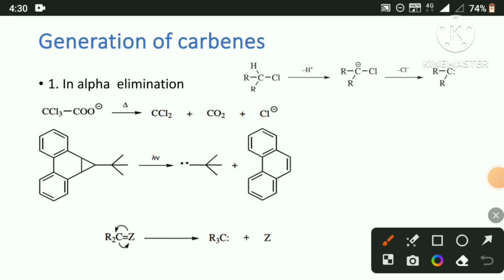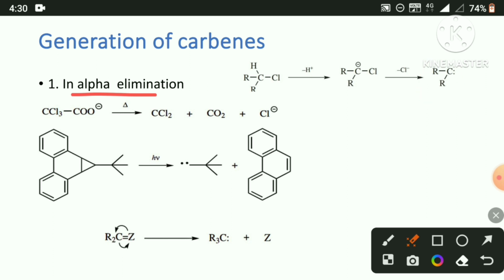Mainly carbenes are formed by alpha elimination, where both hydrogen and the leaving group are eliminated from the same carbon atom. That is called alpha elimination. In this alkyl chloride, first H plus is removed, forming a carbanion. Then chlorine is removed, leading to the formation of carbenes, dialkyl carbenes.